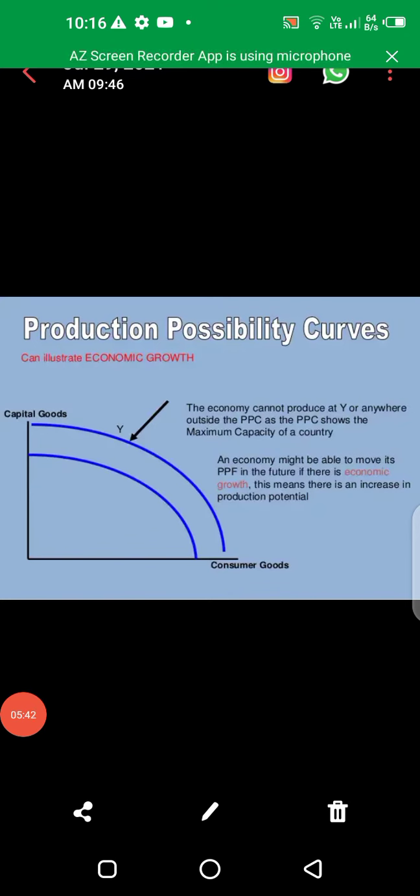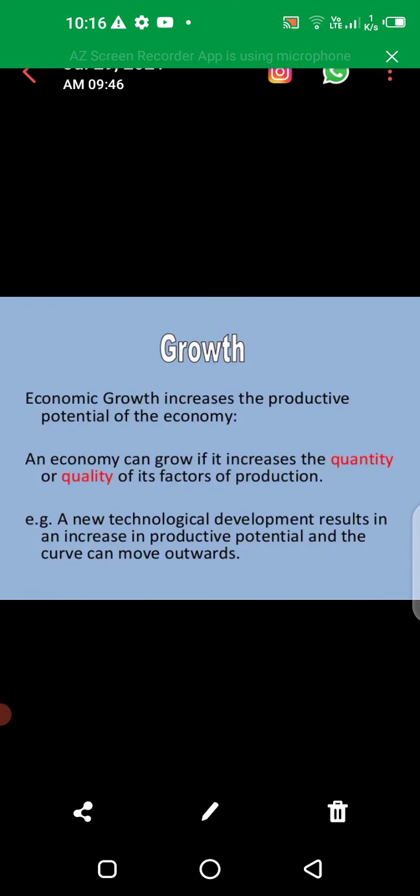It means an increase in production potential, shown by the upward direction of the PPC curve from left to right. This is growth. Economic growth increases the productive potential of an economy. An economy can grow if it increases the quantity as well as the quality of its factors of production. For example, new technology development results in an increase in productive potential, and the curve can move outwards or upwards.